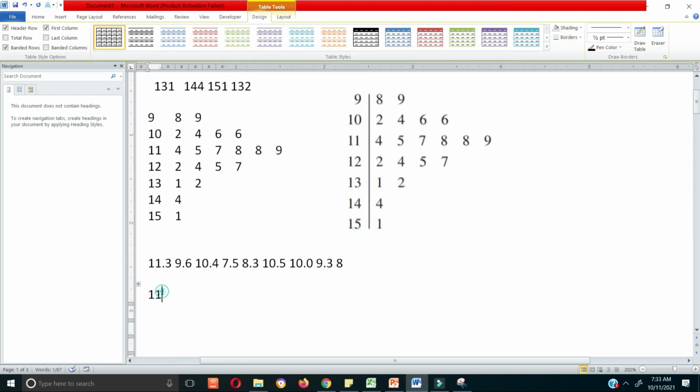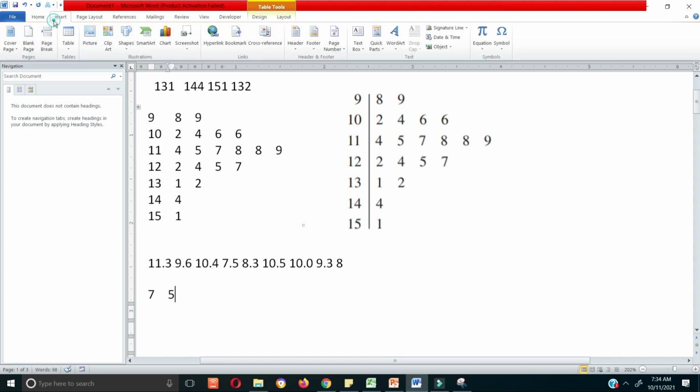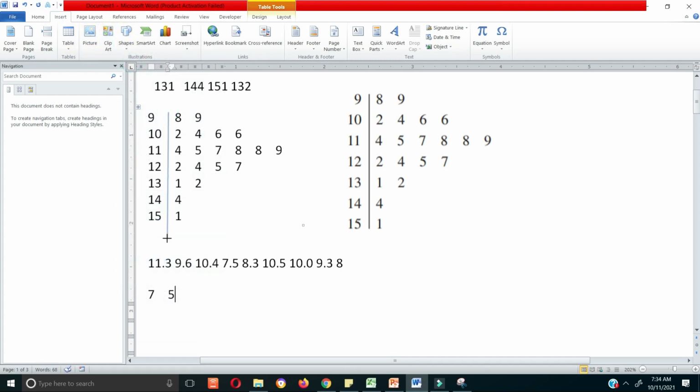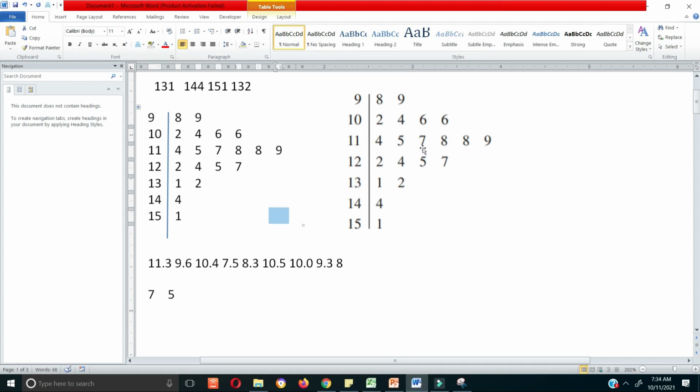So your data actually begins from, I think it begins from 7. So you have the 7.5. Yeah. By the way, you have to insert this. Yeah. So you see that little line over there. I'll show you why in a bit. That's typically where you put your leaf unit.